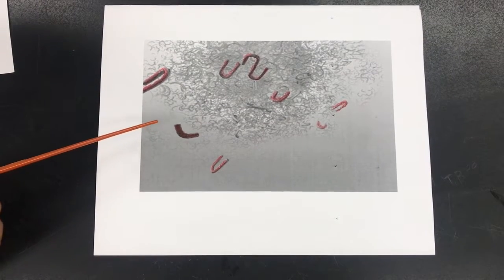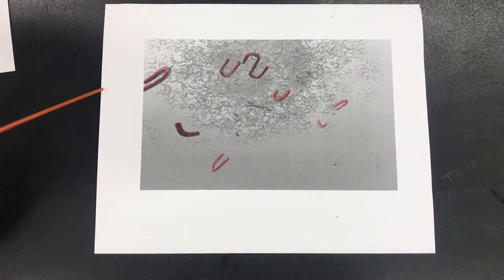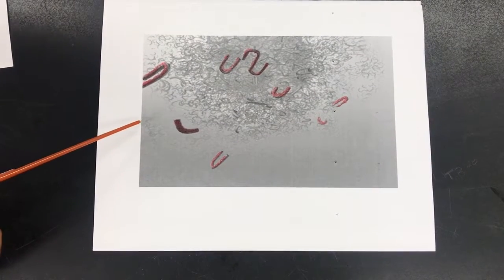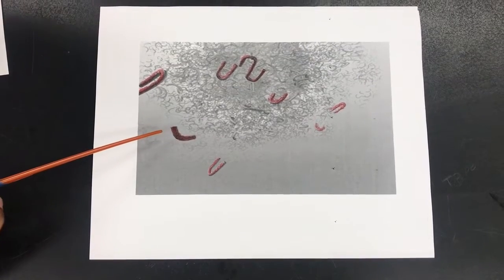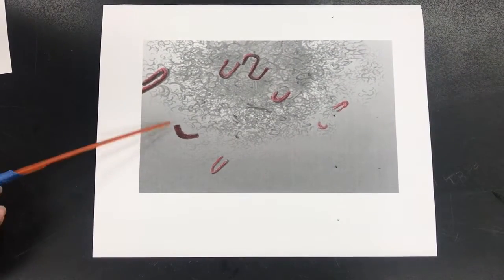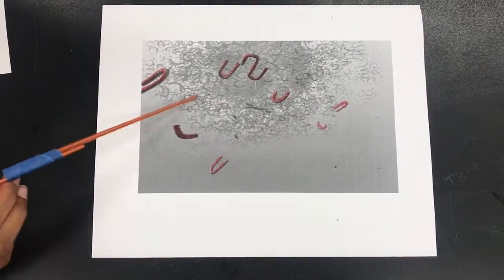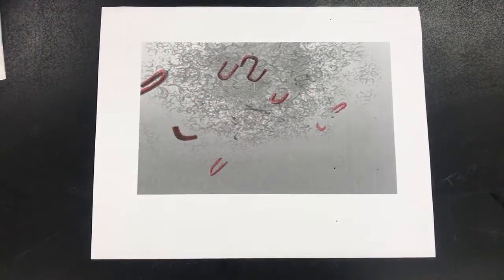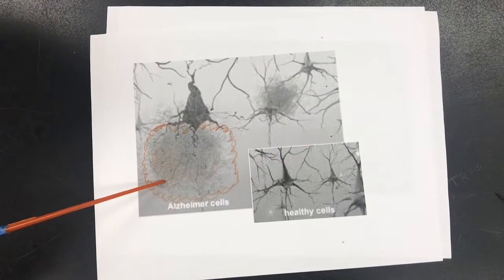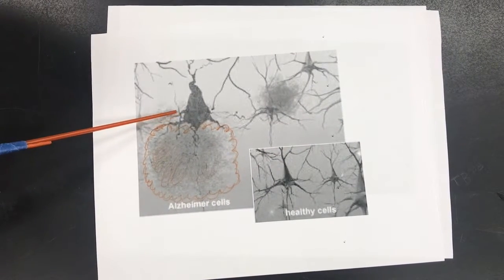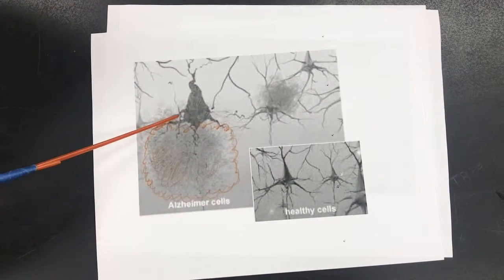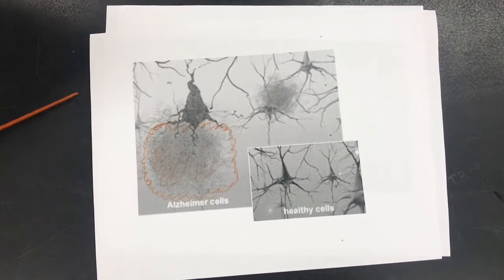So in a healthy brain, the beta-amyloid is broken down and destroyed, but in the brain of someone that has Alzheimer's, the beta-amyloid fragments accumulate and turn into plaques. You can see right here, these little red fragments are traveling up to bind with the rest, and they're going to form plaques right under a damaged nerve cell. A healthy nerve cell looks like this, a little bit more plump, and this one is really shriveled up and dead.